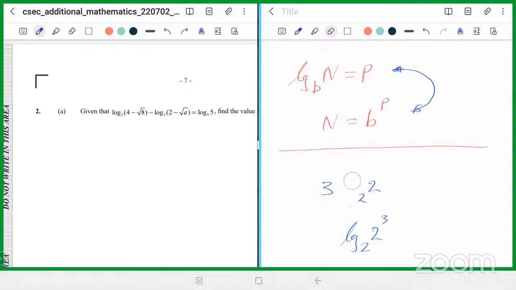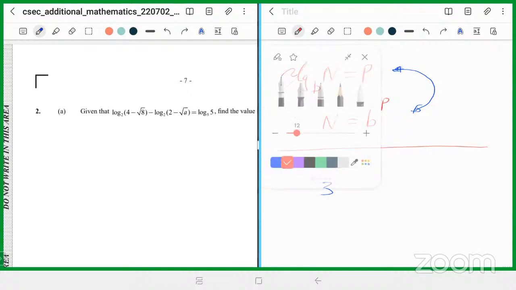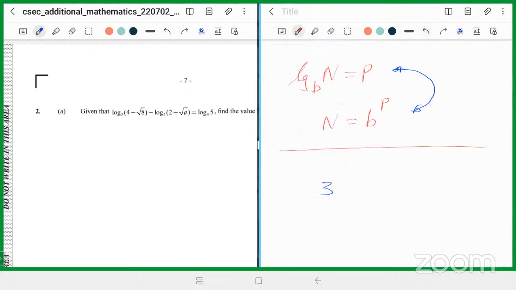Let's go again. If I have a number in an equation and I want to convert it into a logged expression, I just need to multiply this 3 in my expression by log to base 2 of 2. If I'm working in base 5, then I need to multiply by log to base 5 of 5. Any base I'm working in, because this is equal to 1.